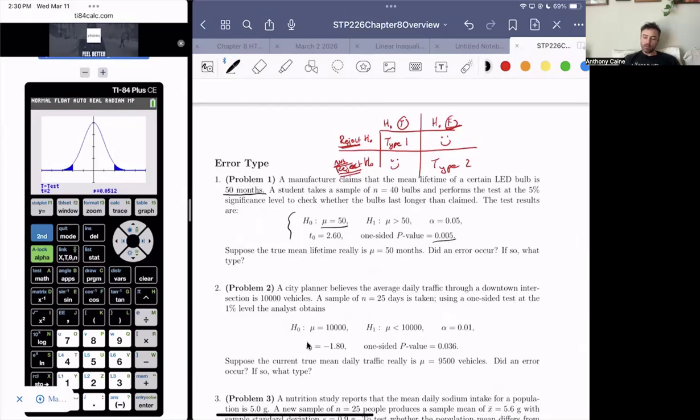So based on this p-value, p is less than alpha, they are rejecting the manufacturer's claim. So they live here. They're either going to do a type 1 error or a correct choice. Suppose the true mean lifetime really is 50. So we're supposed to be here. What type of error occurred? A type 1 error. The answer to this is a type 1 error. Did an error occur? Yes, type 1.